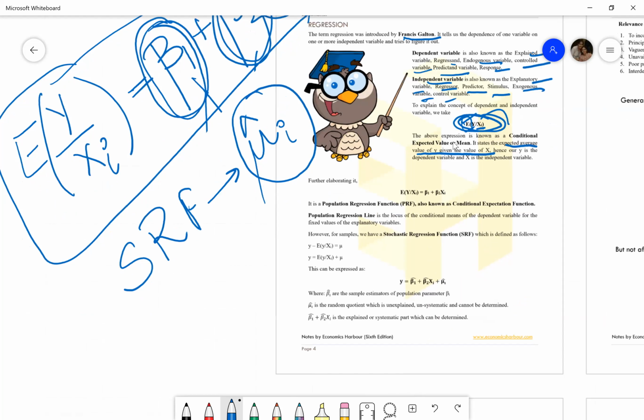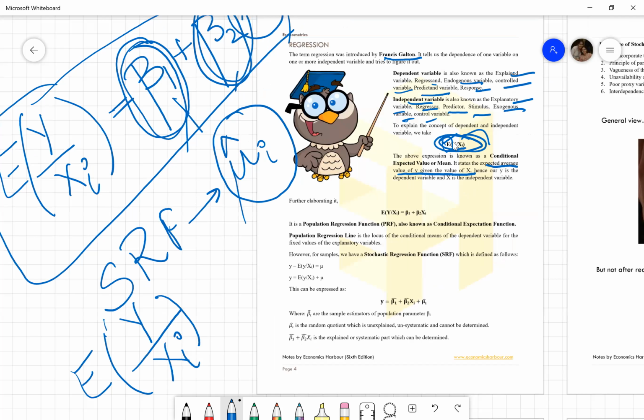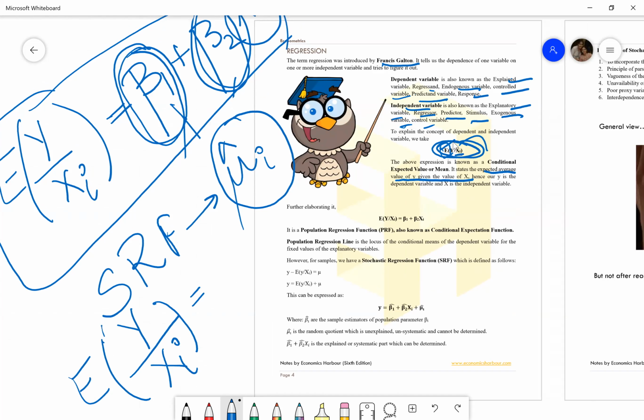So we can write our regression equation for our sample as the expected value of y with respect to xi is equal to the sample parameter beta 1 cap plus sample parameter beta 2 cap xi plus an error term ui, which will account for all the minor differences between your population and your sample.